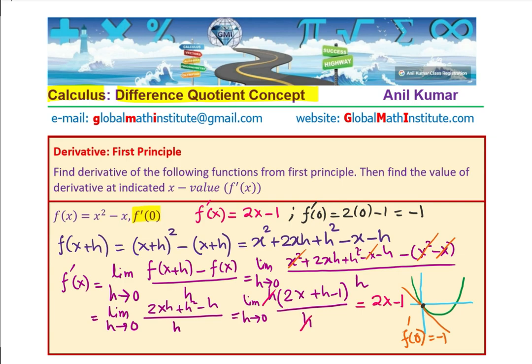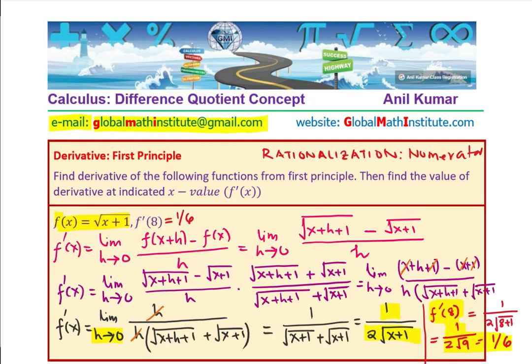At a point which was 0 at the origin. The next example, which we took of the square root function, there we found the gradient at 8, right? So this square root function, if I sketch it, it will look like what? So let me just sketch it here in this corner. Since it is square root x plus 1, it actually moves left and then it's kind of like this, right? That is the graph of this function.